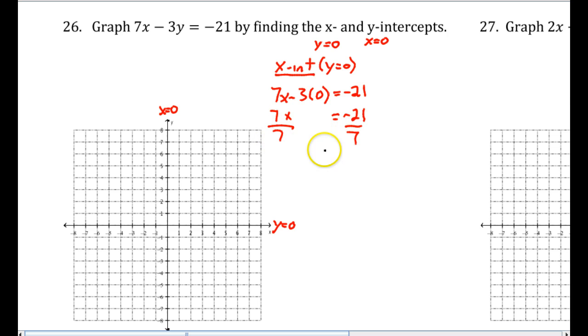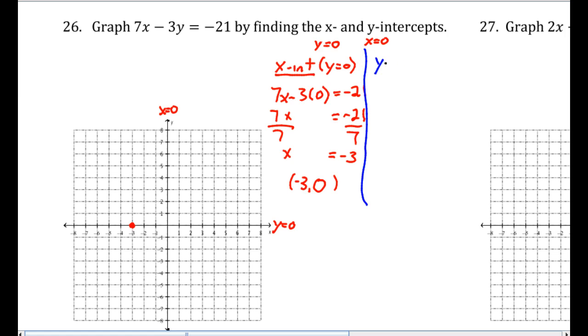Divide by 7 on both sides. x equals negative 3. So that's the coordinate negative 3 comma 0. There's our x-intercept.